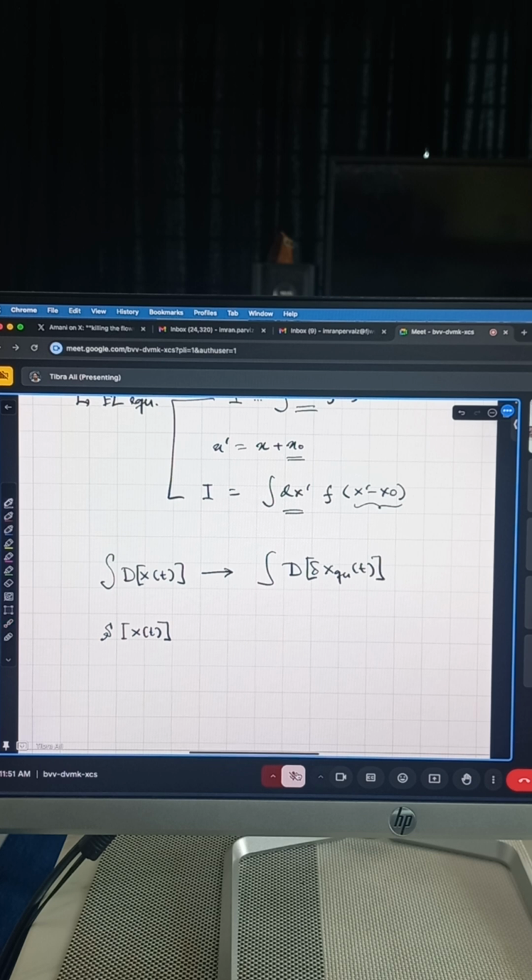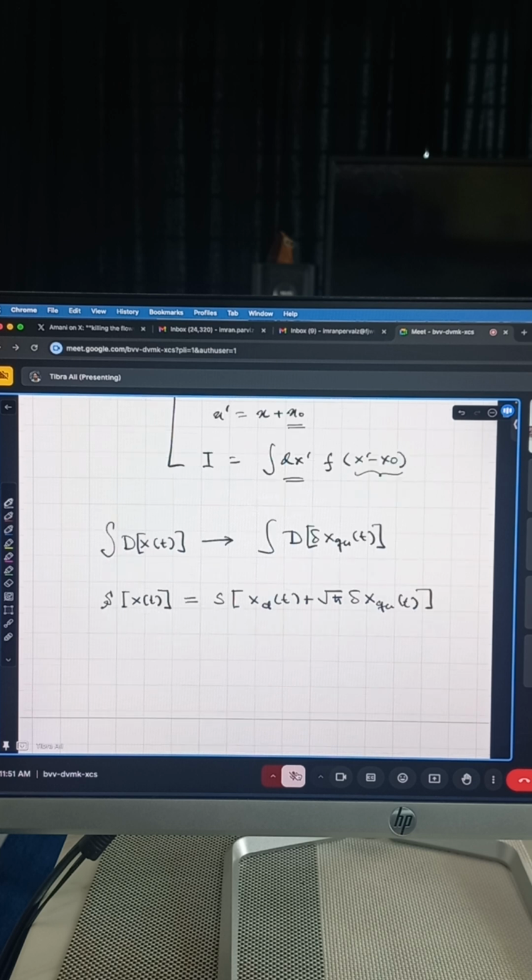So now if I expand the action around the classical path, so let me just write this as the classical path plus the quantum correction. So far there has not been any approximation done, but now what we are going to do is a Taylor expansion, a functional Taylor expansion. It's not a Taylor expansion of the function, but of the functional.